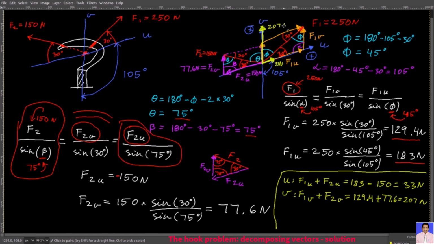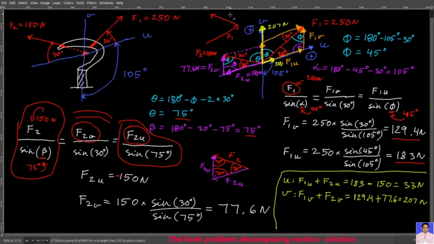And so if you were to add up F1 and F2 vectors, then you can do it in two ways. Either you take your F1 vector, which is this one here, and then you add up your F2 vector, which is this one here.